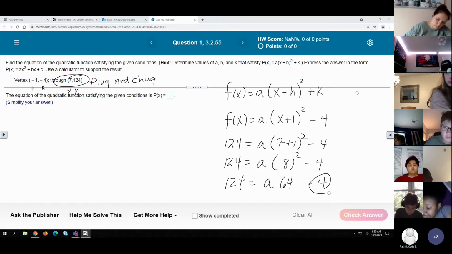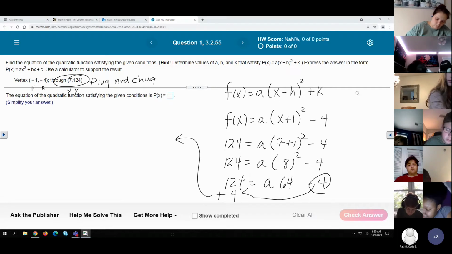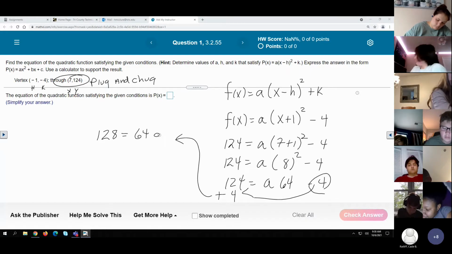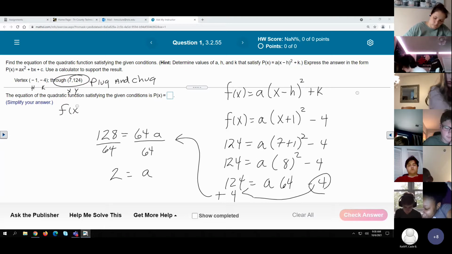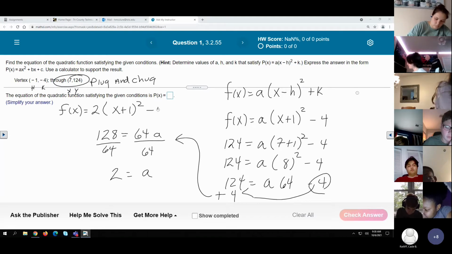That 4 comes across the river. And that gives us 128 is equal to 64A. Divide by 64. What is A? 2. So your final outcome, F of X, is equal to 2 times X plus 1, quantity squared, minus 4.